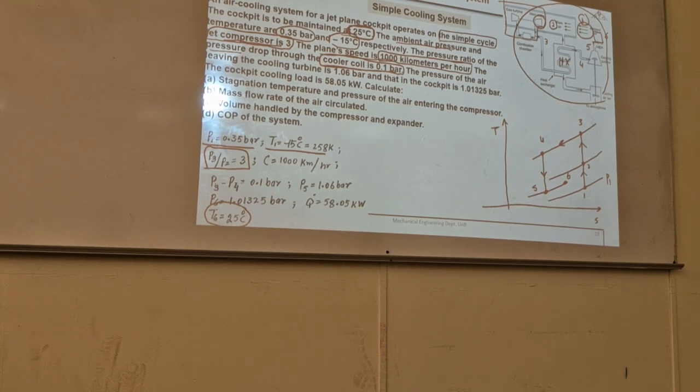So it means it's not isobaric. From 3 to 4, there is a pressure drop. So point 4 is actually here. We need to correct our initial assumption. So this is the pressure at 3, and here we will have a lower pressure at 4. So there is a pressure drop.